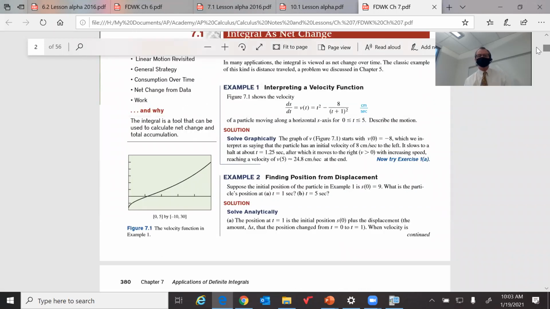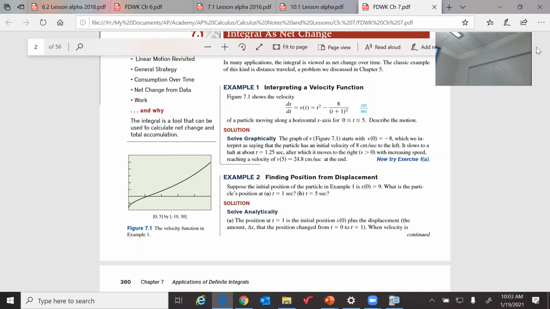So here's example 1. This is a velocity function, which is what? ds. They're saying position is s. You want the derivative of position with respect to time, which is the velocity. There's the velocity graph, moving horizontally from 0 to 5.